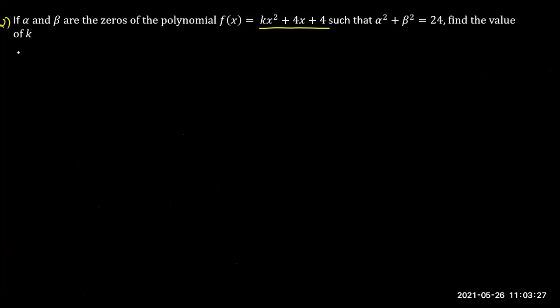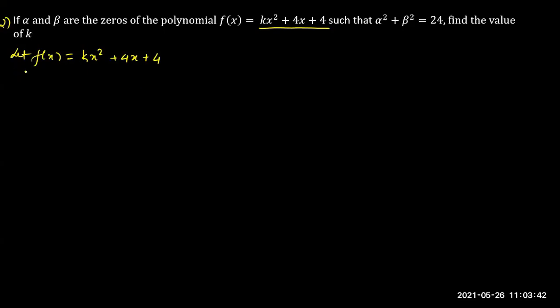So you write first the given polynomial, f of x is equal to kx square plus 4x plus 4.